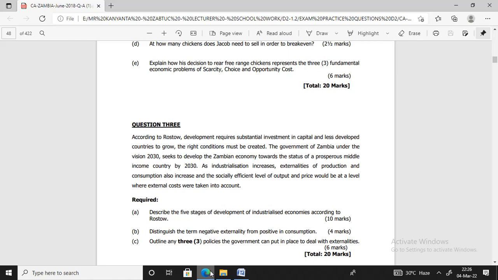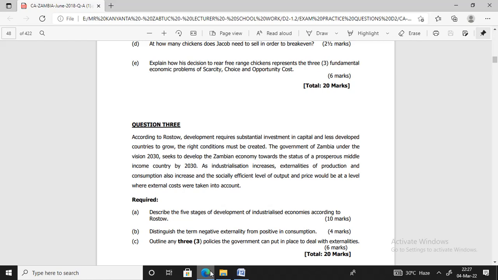Now, just to talk about externality in general, externality means the spillover effects from transactions. Those things that affect the third party that are not primarily involved in the transaction are called externalities.